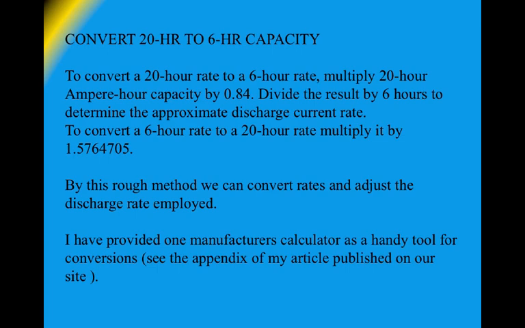Now, in addition to that, if we're going to look at a 20-hour rate and we want to convert it to a 6-hour rate, we can just multiply the 20-hour rate by 0.84. This is a rough method, and it adjusts the rates adequately for our purposes.